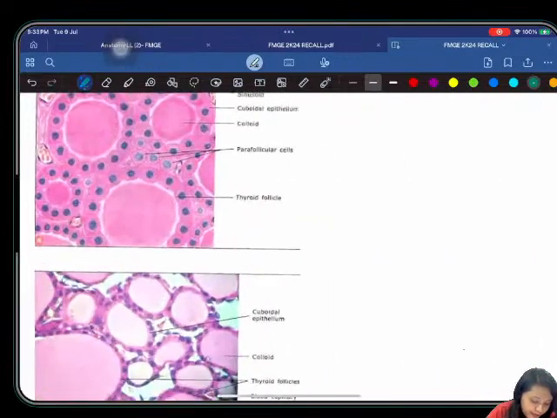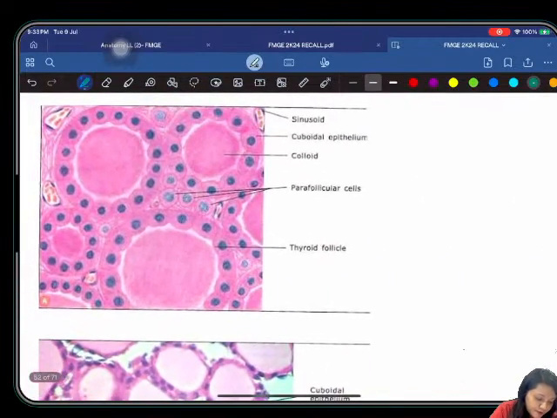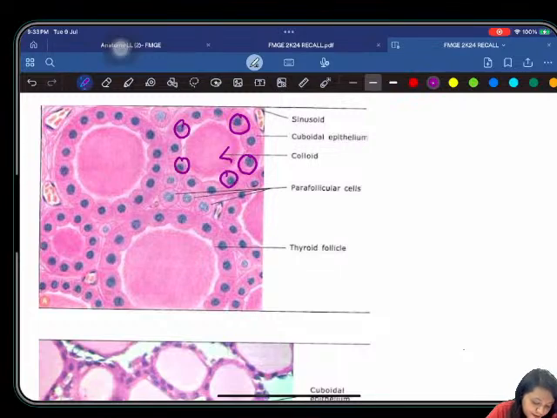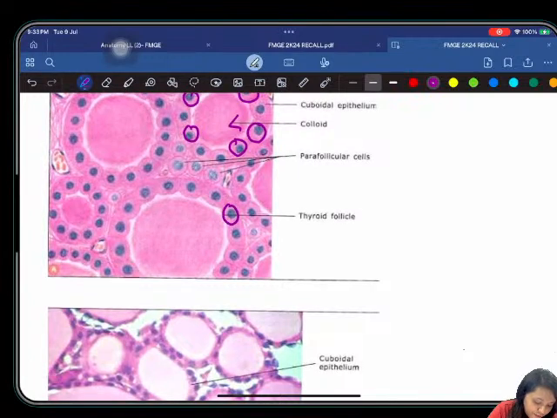Okay, so if you can see here, these are the colloid, and these are the follicles, these are the thyroid follicular cells, and in between, where there is connective tissue, you are going to have the parafollicular C cells.